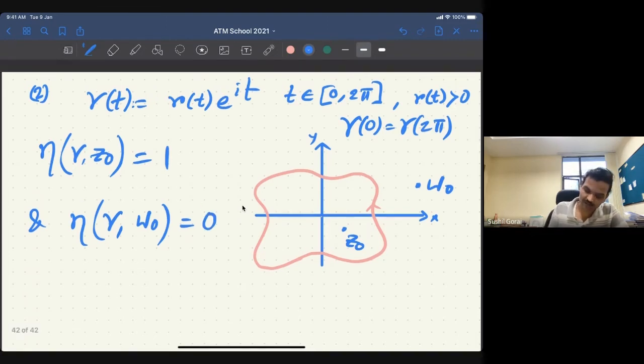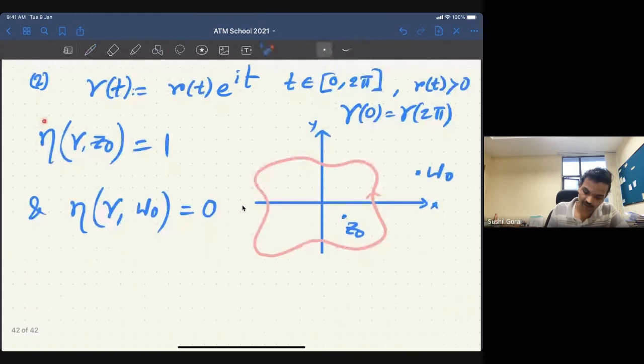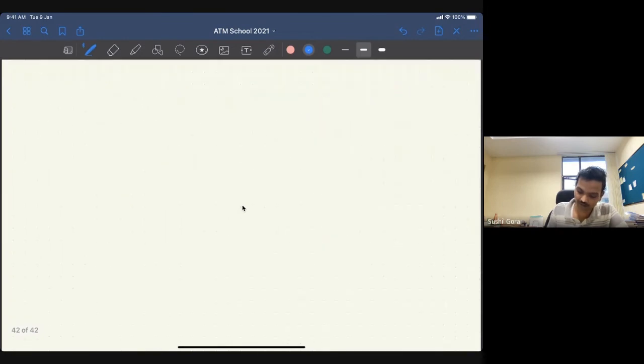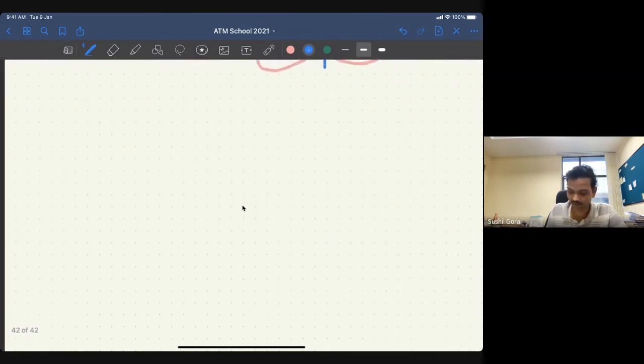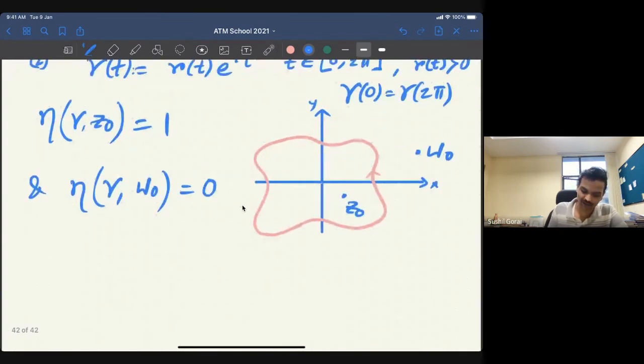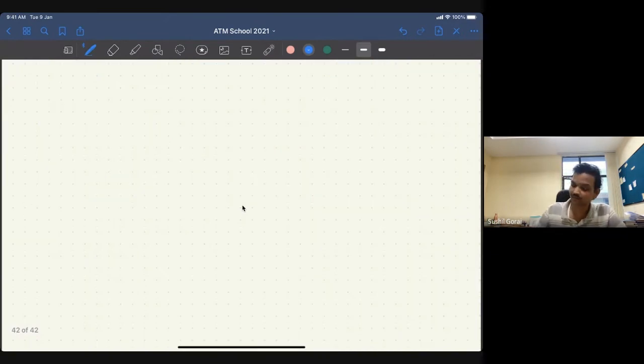For showing this, you actually need some properties. So we will now state and prove a few properties. You might need some of them for this computation.